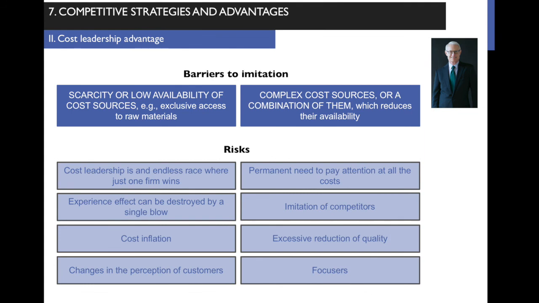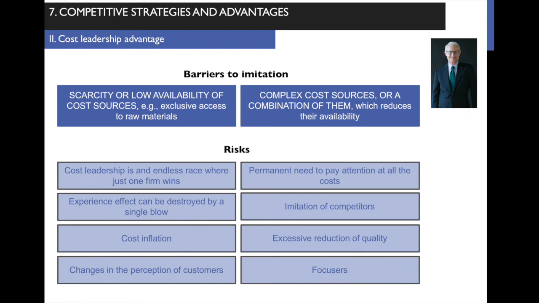Customers who previously appreciated costs and cost leadership cease to appreciate it and prefer a good product to a cheap product. And finally, focusers can be a menace because focusers can be able to get a product which is cheaper, which has got a lower cost than ours because they are specialized in that product.